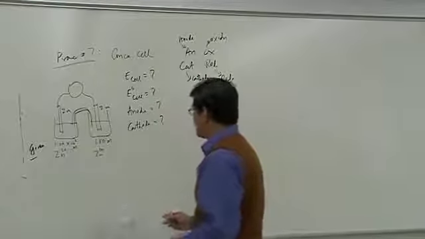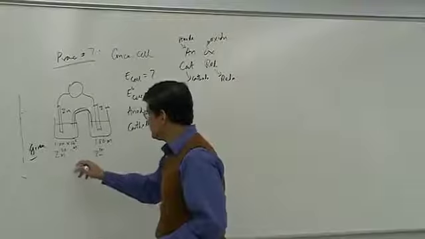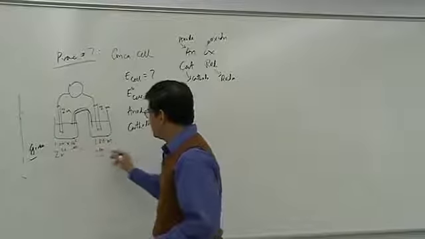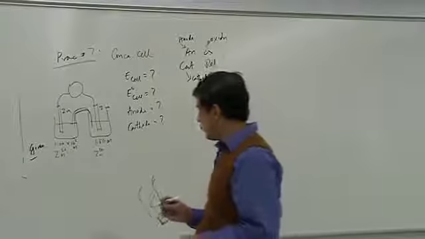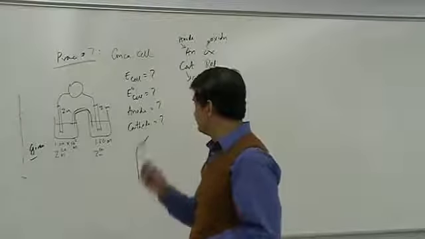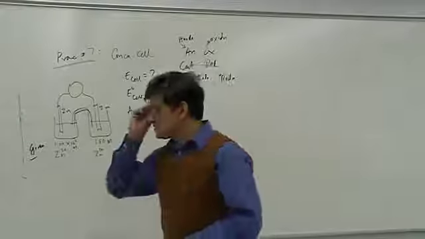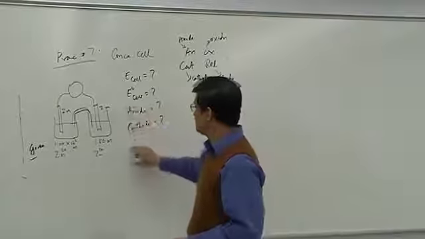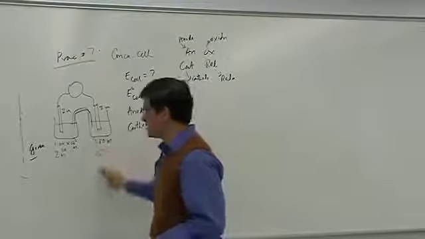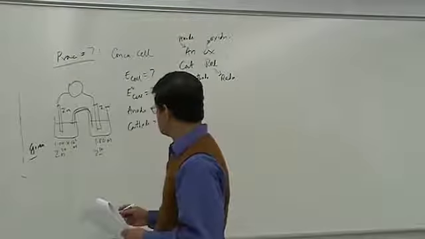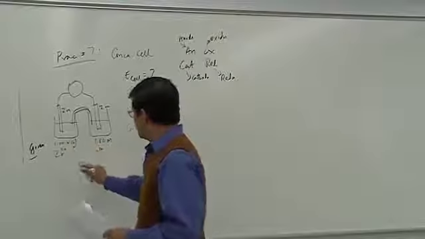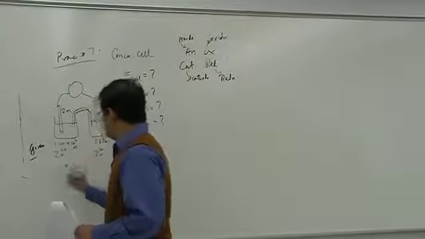Now let's first write down the chemical reaction. Before we do that, we need to understand, if we have this kind of variation, how long I can get electricity and when this electricity is going to stop. Remember, I said that this is going to give you voltage as long as there is a concentration difference. So as you draw electricity, what you're going to see is this concentration has to go up.